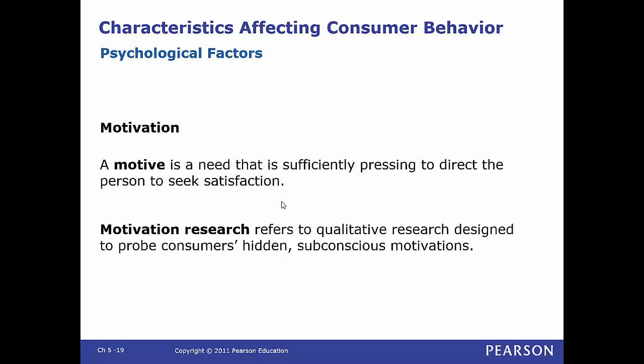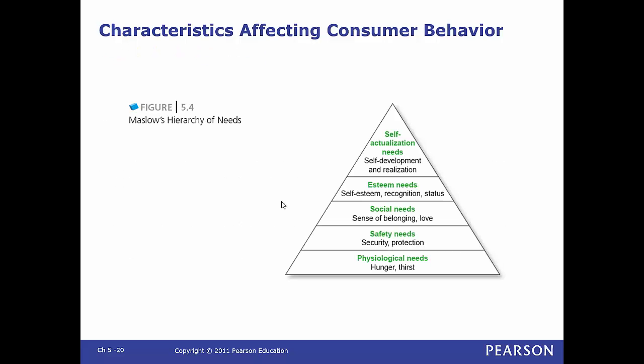There is a huge research stream in this field, which is motivation research, and one of the most important studies in this research was done by Abraham Maslow. Abraham Maslow developed what we call the hierarchy of needs.